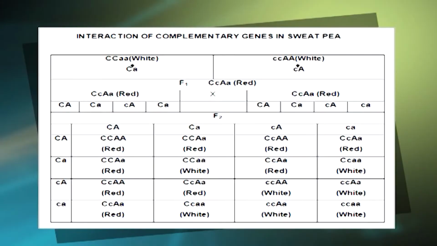The table shows the 9:7 ratio is a modification of not genotypic but phenotypic Mendelian ratios. Note that the capital C and capital A genes assort independently, and note that the presence of a recessive genotype at one locus, that is small c or small a, masks the effects of the alleles at the other locus.